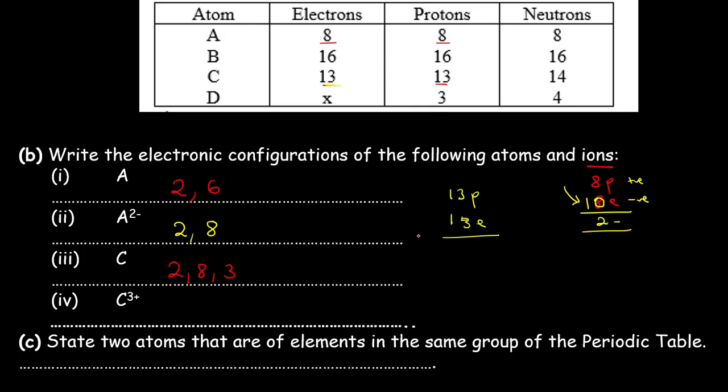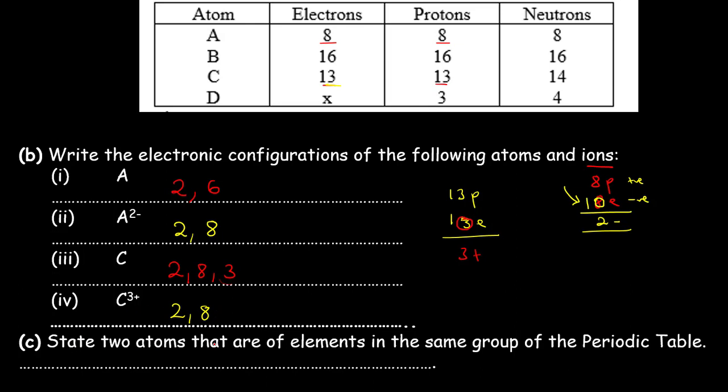And in this case, our C must lose 3 electrons such that the overall charge actually becomes 3+, because it will have 13 protons to the 10 electrons. That's after losing these 3 outermost electrons. So in that case, the new electronic configuration will now become 2, 8, because it also has 10 electrons.